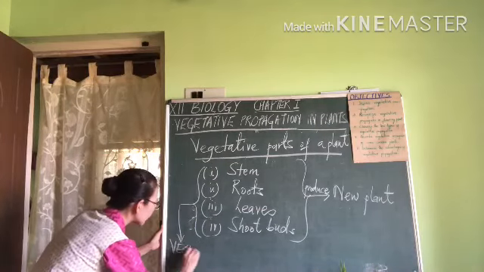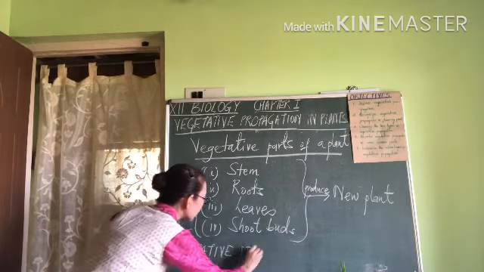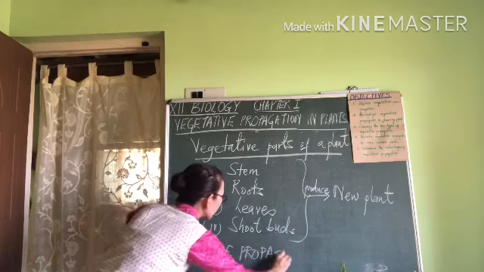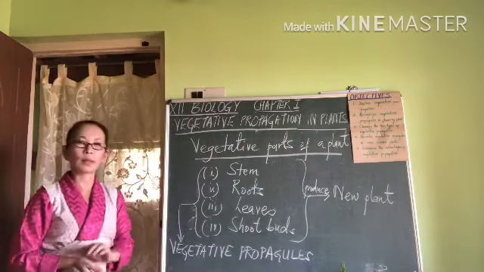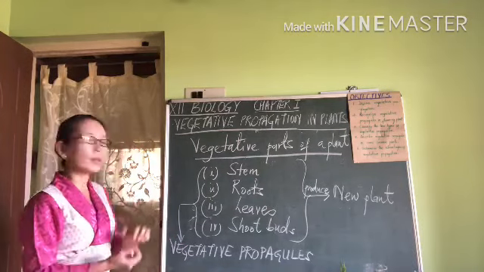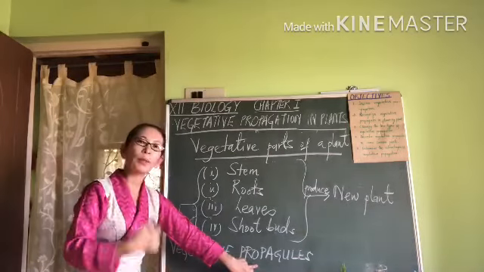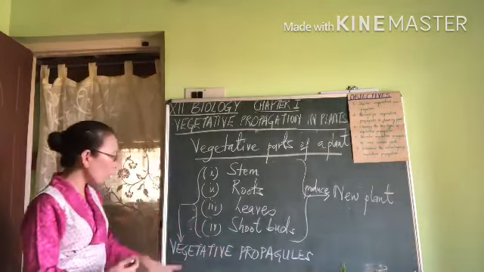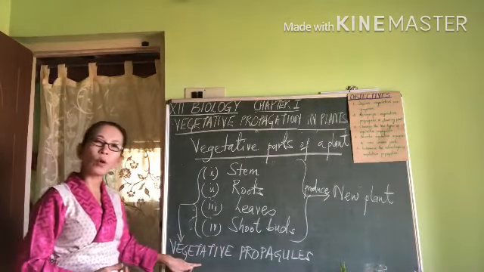They are called vegetative propagules, which is to say these are the small parts or the organs which can propagate, which can form a new plant from its non-reproductive organ.